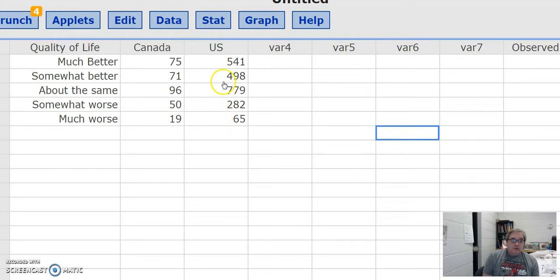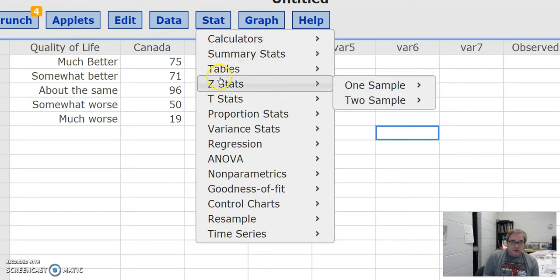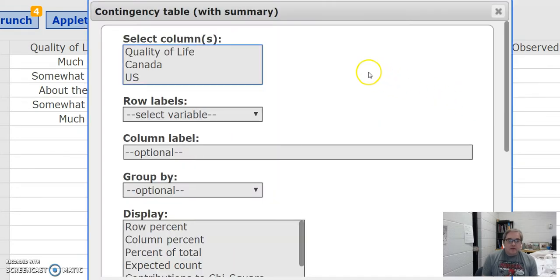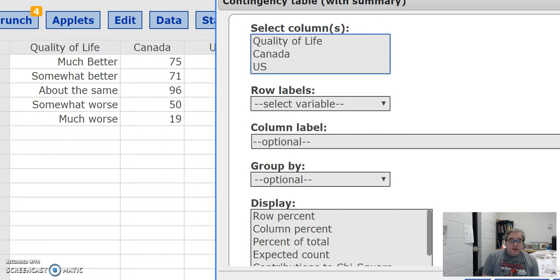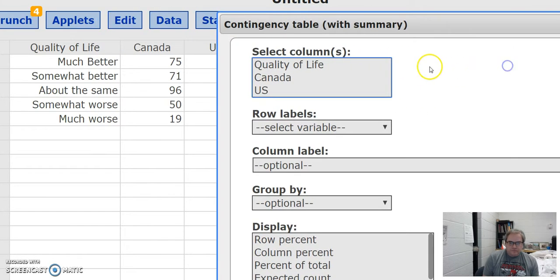So when I run through the test, Stat, Tables, Contingency, With Summary. You've already collected the data. The data has been collated and put into these different categories, so that's why it's summary. These tables can be of different sizes.